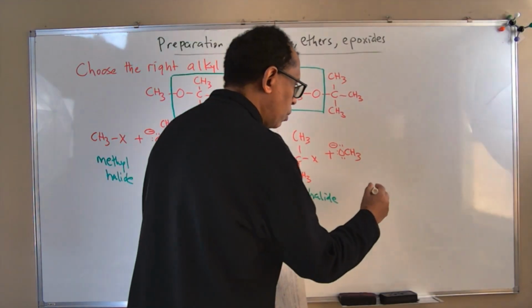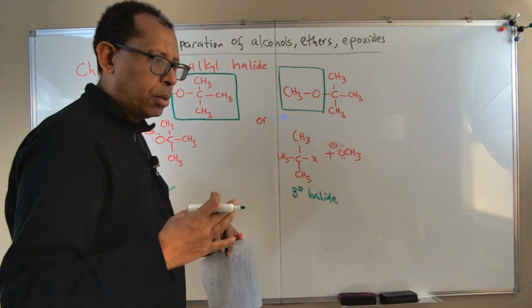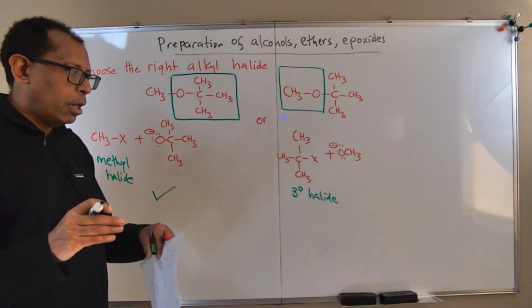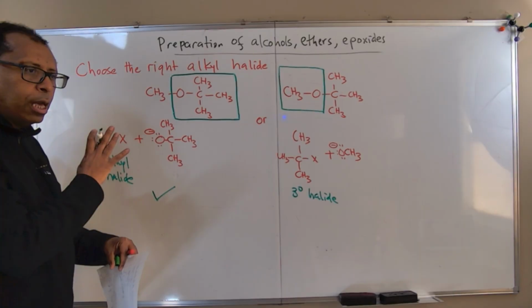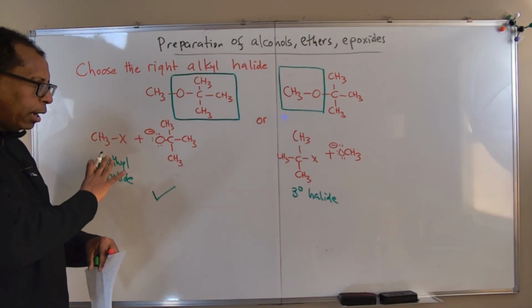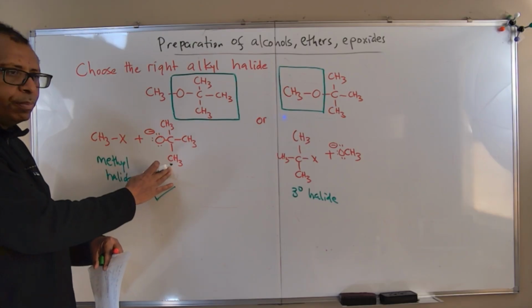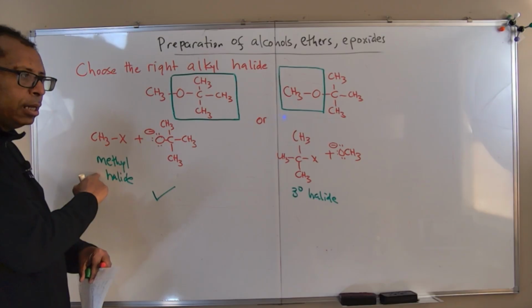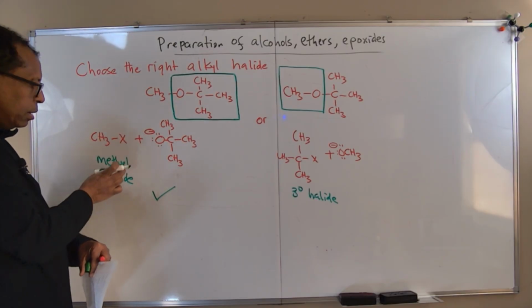So this is not SN2, because Williamson ether synthesis needs SN2 substrates, meaning a primary, maximum a secondary halide with a good nucleophile. So this portion should act as the nucleophile, and this portion should act as the halide.